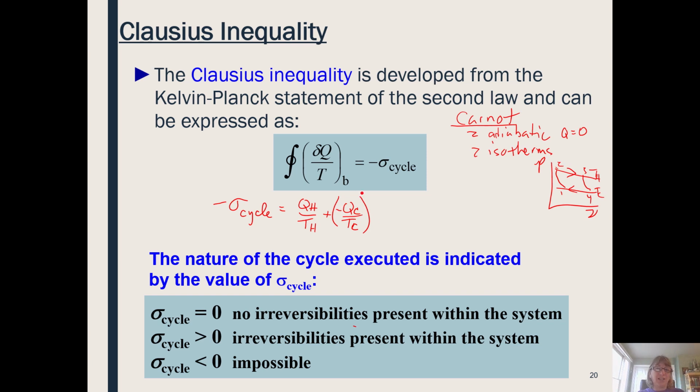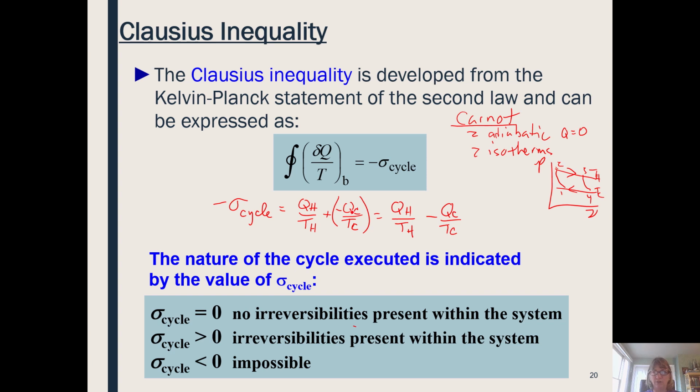Because that's where heat is coming out. So a lot of times you'll see this written as QH over TH minus QC over TC, and that is the negative sign that comes with the heat coming out. But remember, if you leave it as plus, because we're summing up all the integrals, QC will actually have a negative sign on it.